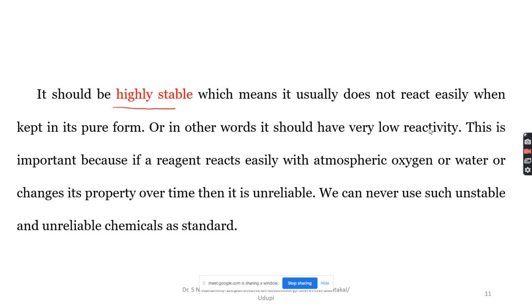Instead of remaining a particular crystal, it may become a crystal with water, a hydrated form. Then the amount of crystal taken differs from the actual amount required. In such a case, we should not consider that solution a primary standard solution. We can never use such unstable and unreliable chemicals as a standard.